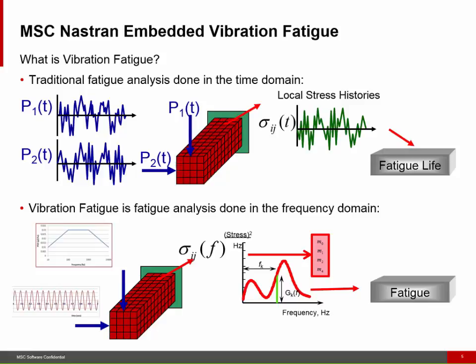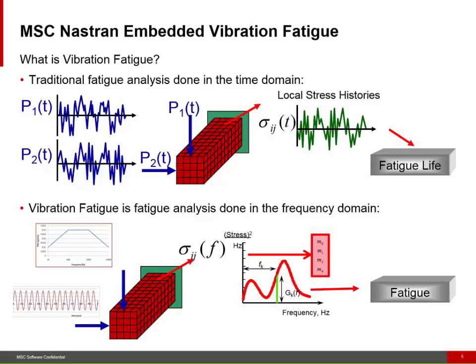On the other hand, frequency domain fatigue analysis consists of defining input power spectral density functions, also called PSDs, which can be determined from the input time history loading using the FFT method, the fast Fourier transform. So you convert time histories into the frequency domain in the form of power spectral densities. Or you can also define those PSDs manually.